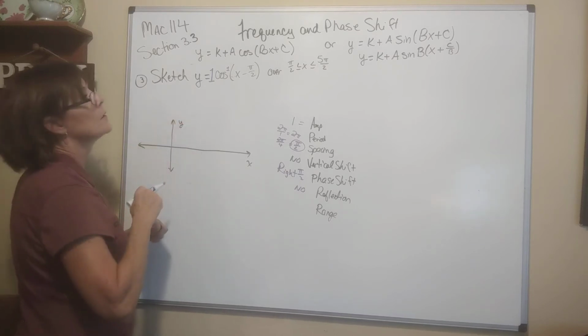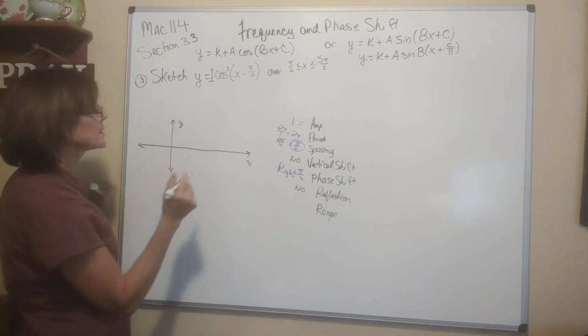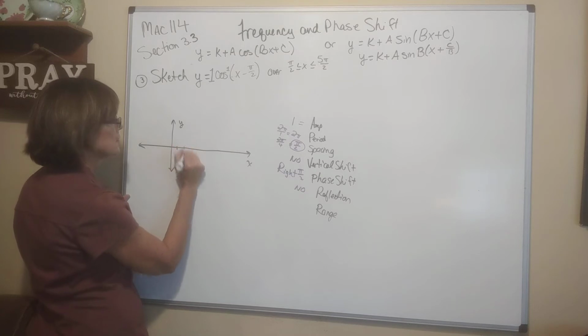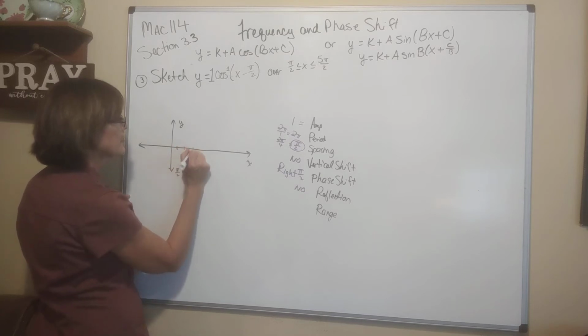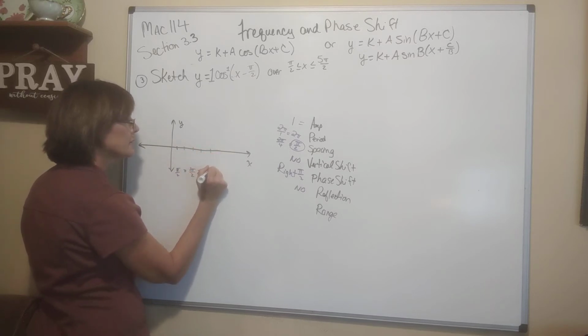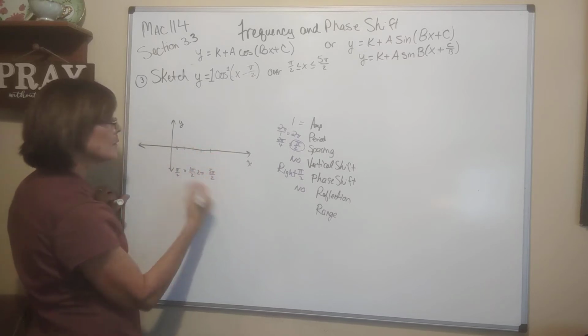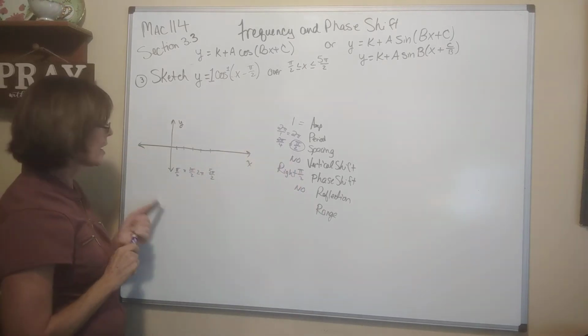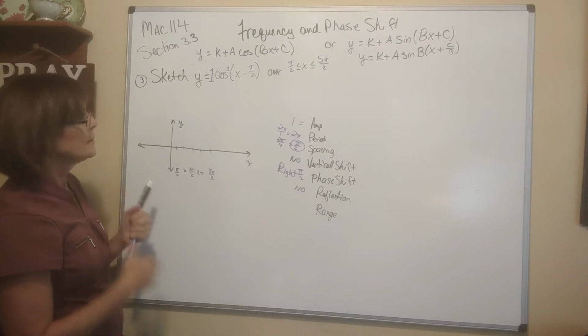Okay. So, pi over 2 is the split. So let's see. 1 pi over 2, 2 pi over 2, which is pi, 3 pi over 2, 4 pi over 2, which is 2 pi, 5 pi over 2. All right, and we can go further or further back because we know it goes on forever, but we'll just do what they said to do.